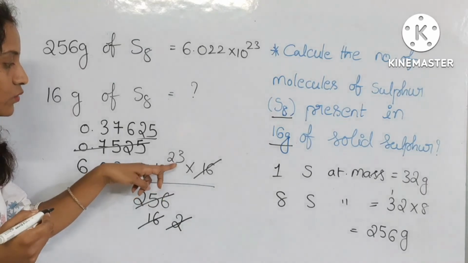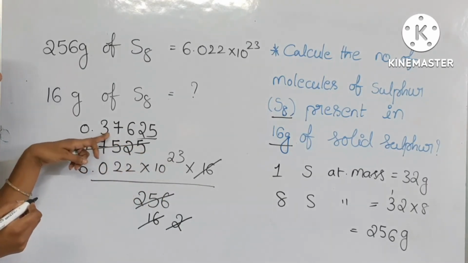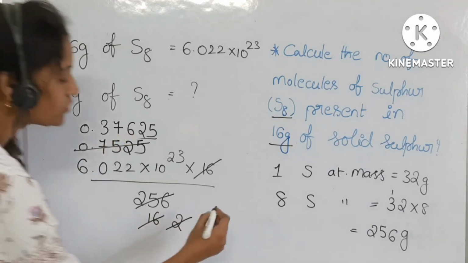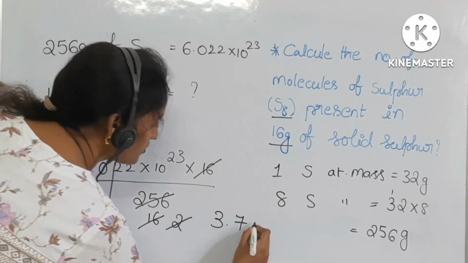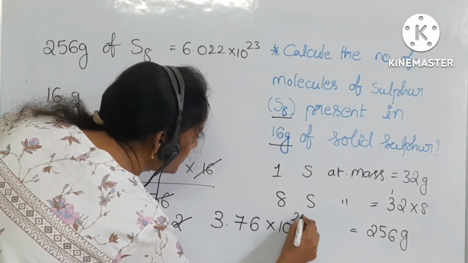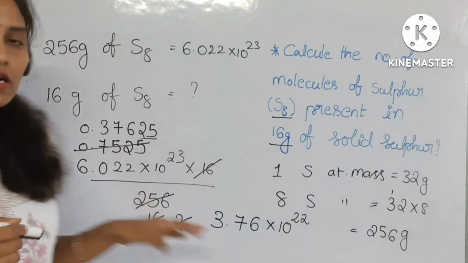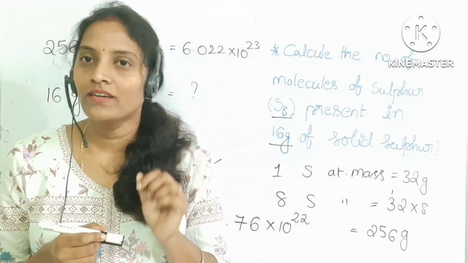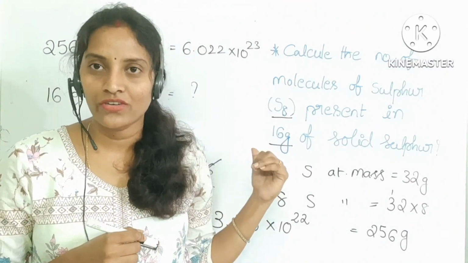From this 23, multiply by 10 to the power of the 0.376, so you will get the answer: 3.76 into 10 power 22 molecules are present in 16 grams of solid sulfur. This is your answer for this question.